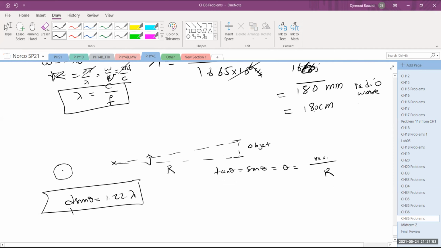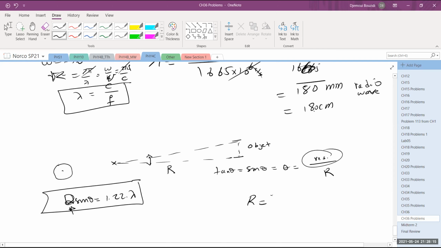We are given the diameter D, and we have sine theta from this expression, and we have lambda. The only thing we are missing is this resolution. We know the distance, how far the object is in light years.